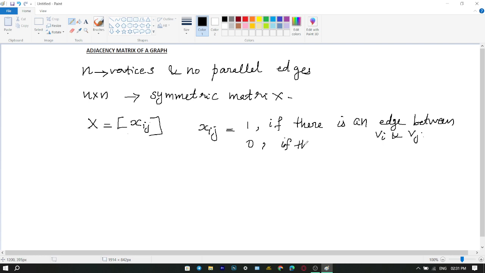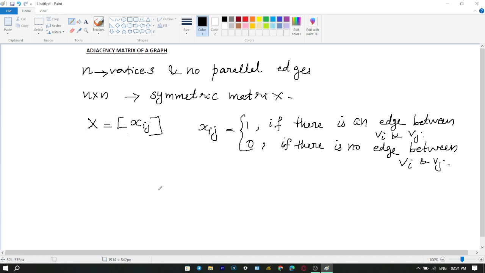So the adjacency matrix takes only two values, 0 and 1. So we can say it is also a 0, 1 matrix.